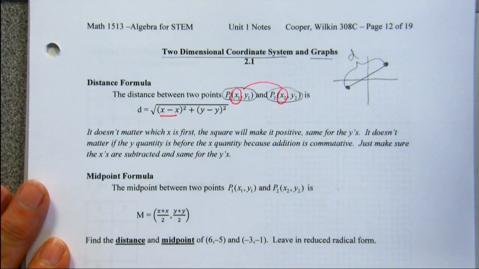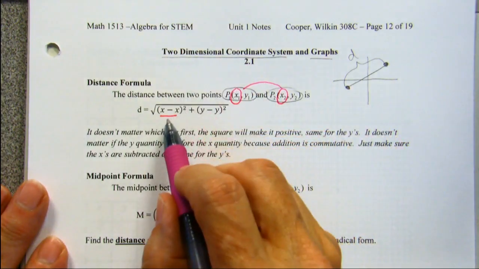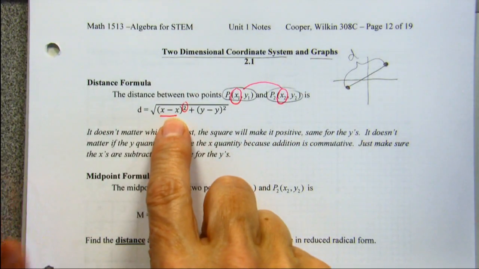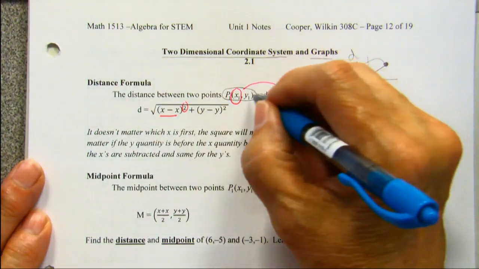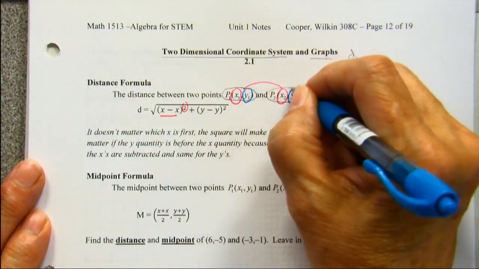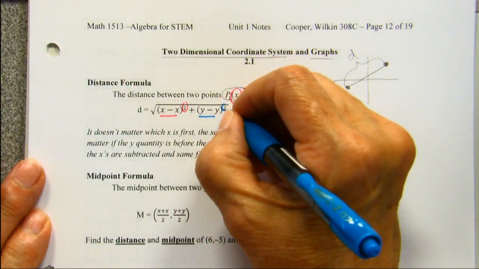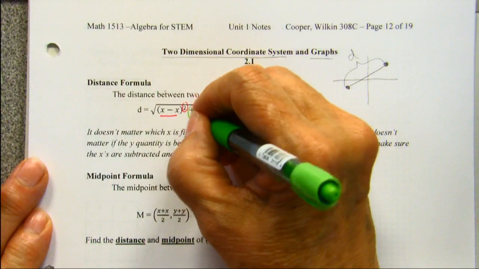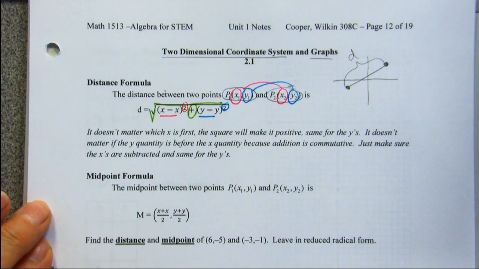It does not matter which order you go, right to left or left to right. The reason is we square that answer. So if you have a negative, it's going to go positive, and if you have a positive, it's going to stay positive. Then you take your 2 y coordinates and subtract them. Again, it doesn't matter which way you go because you're going to square that answer and get a positive. Then you add up those two values and take the square root and you'll be done.